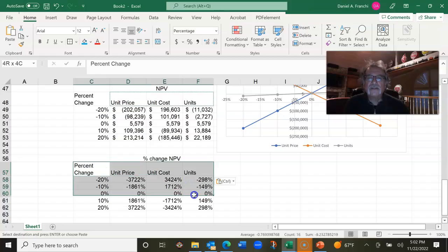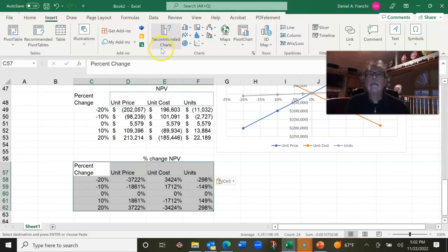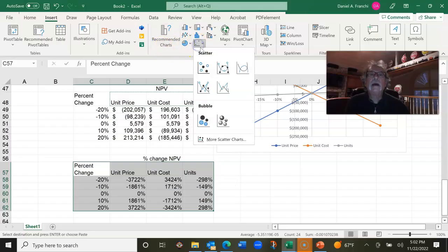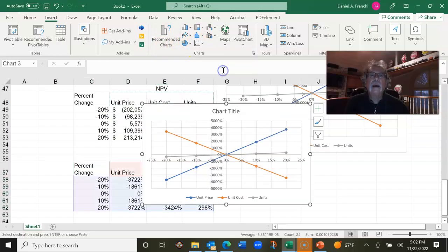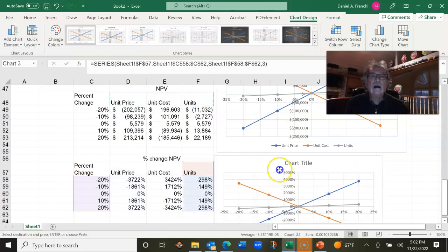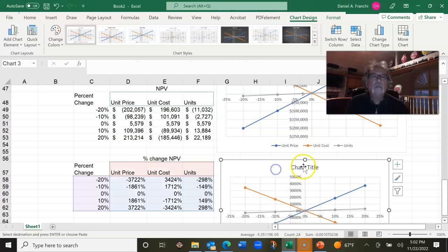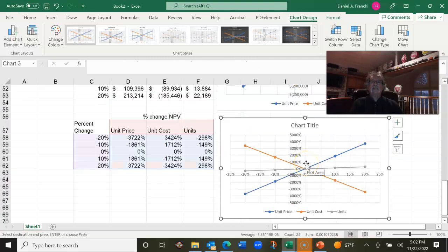So let's graph this. We're going to get a similar outcome as above, but there's an interpretation that's a little bit easier to see. And I think that it's easier to see with the number of units.